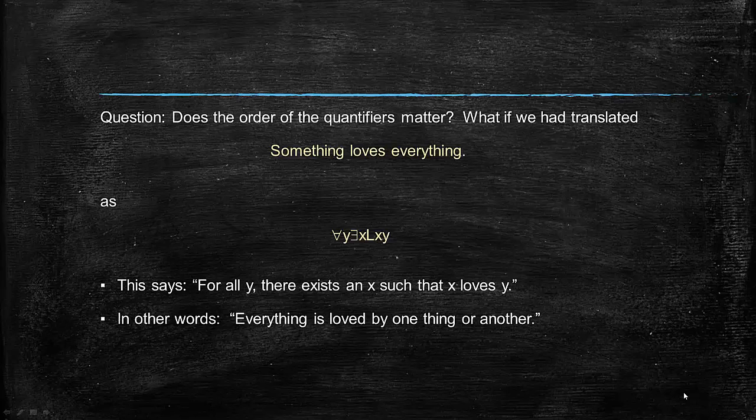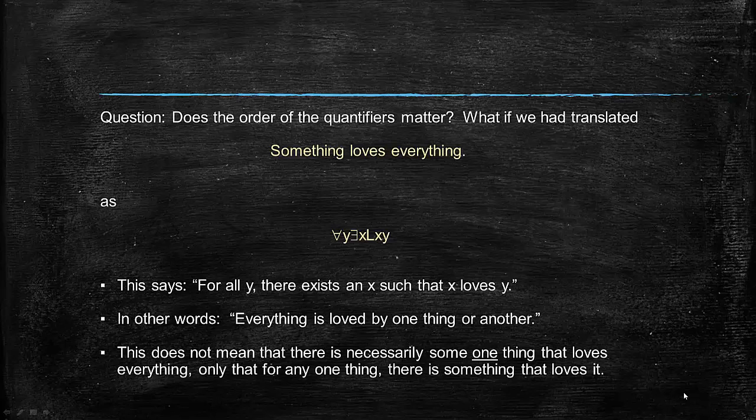And it's another thing to say that everything in the world has something that loves it, right? So it's actually quite cool to see that just by switching the order of the quantifiers, we express a very different proposition. So predicate logic is very precise. In some ways, it's even more precise than the English sentences that it's representing.